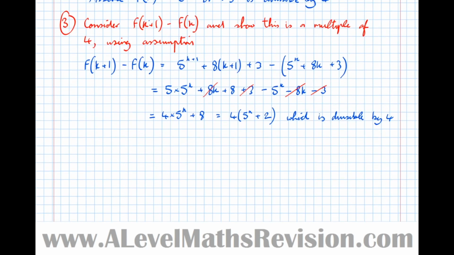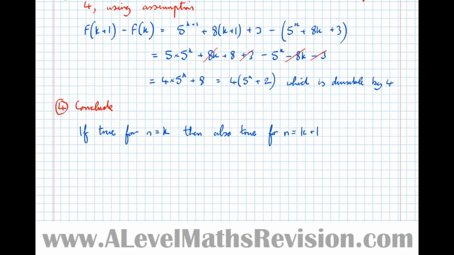So step 4, we're going to conclude. So if true for n equals k, then also true for n equals k plus 1.